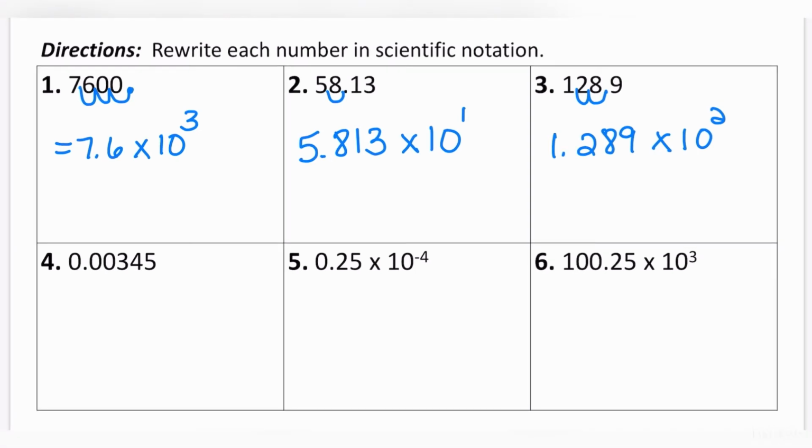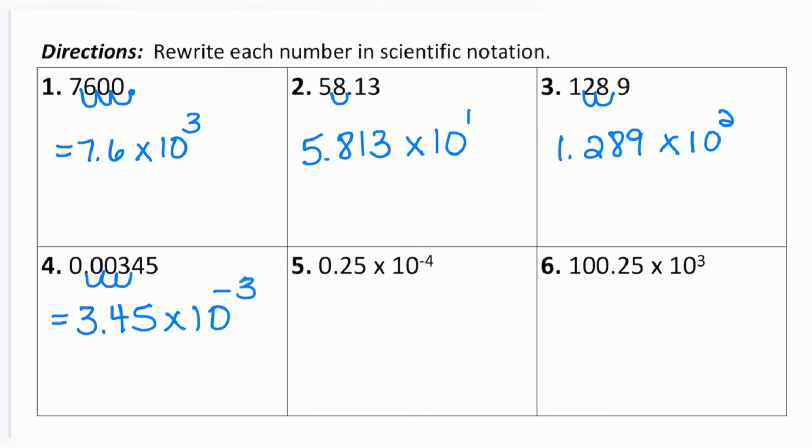In question number 4, we have the number 0.00345. So we need to move the decimal point so that it is after the 3. So that means I have to move it to the right 1, 2, 3 times. So this is equal to 3.45 times 10 to the negative third power.